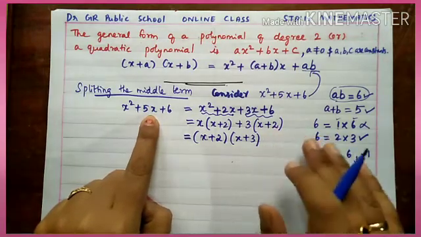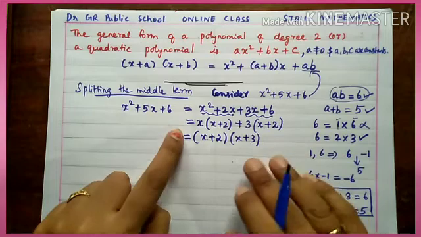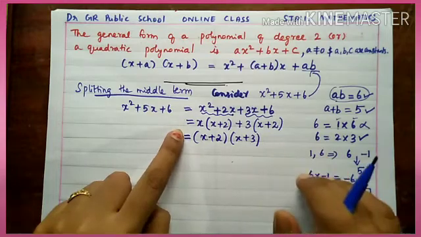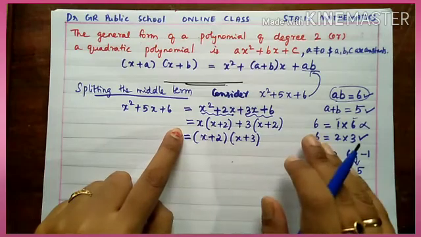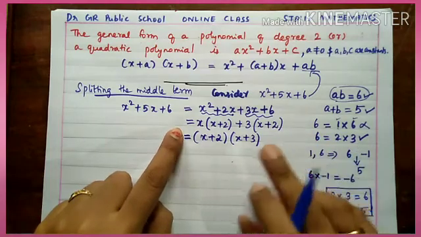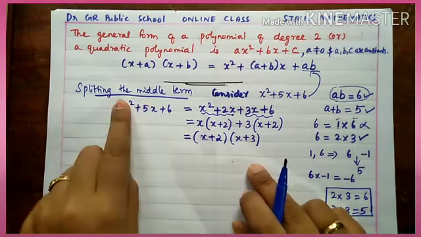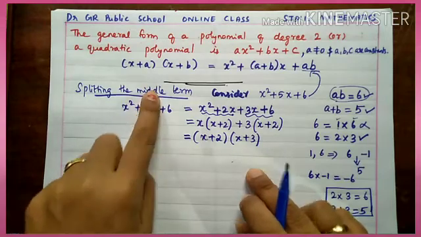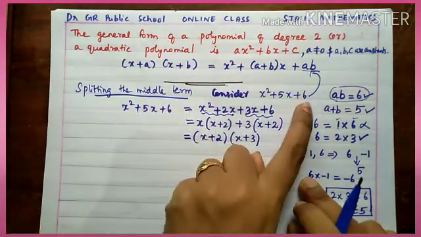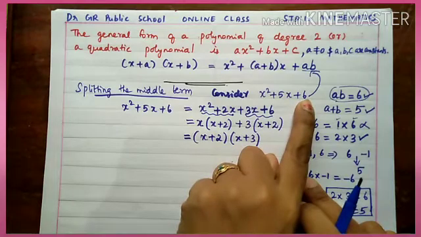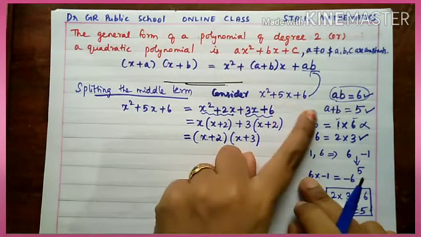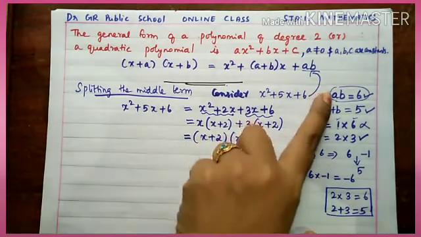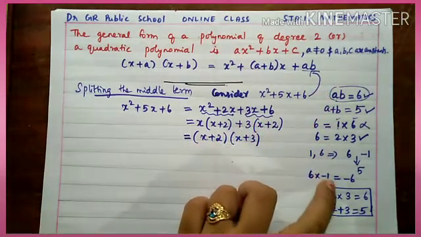When you cannot apply any of the identities, and when you cannot find any common factors, or we cannot do any regrouping, at that time we will apply this method of splitting the middle term, by making the constant term the product of two numbers and the middle term the sum of two numbers, and finding the suitable numbers.